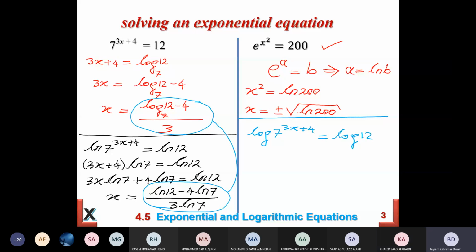Just follow exactly what I did with ln, replacing ln with log. You understand? So at the end, you will get x equal to logarithm of 12 minus 4 times logarithm of 7, divided by 3 times logarithm of 7. That's it.